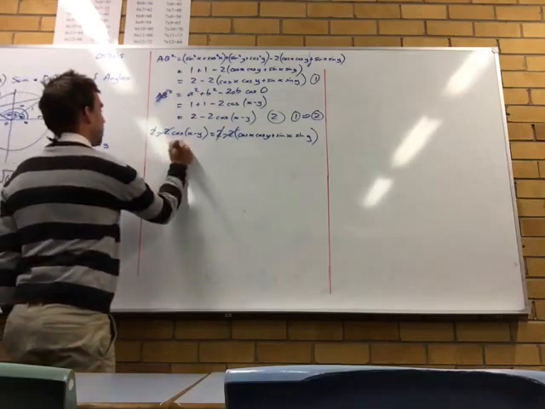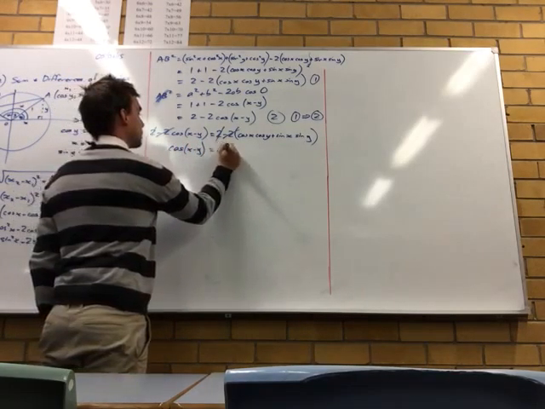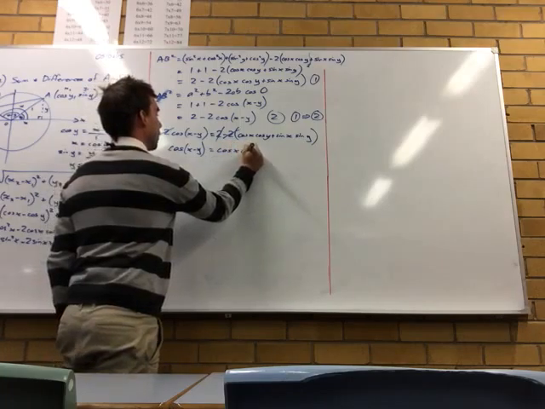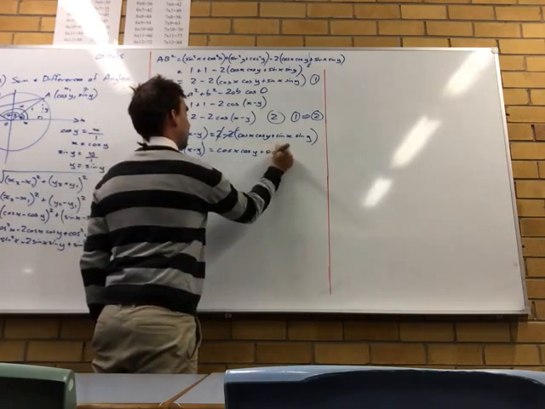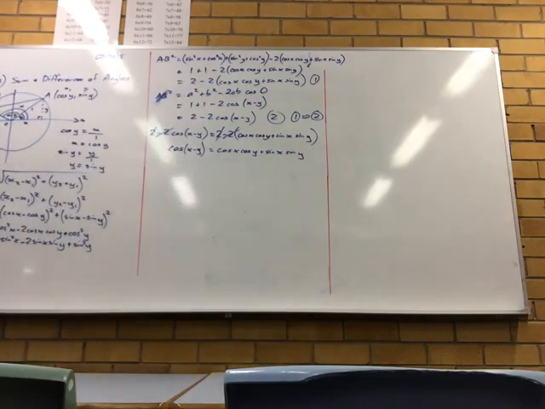And you're left with an expression for the difference of 2 angles and take the cos of that. So cos of x take away y is equal to cos of x cos of y plus sin of x sin of y. Okay, so that's the first one.